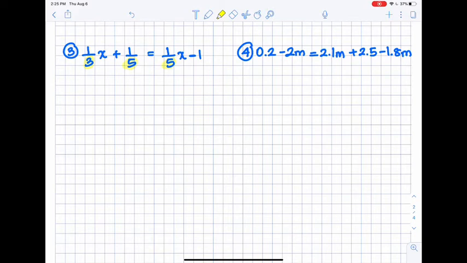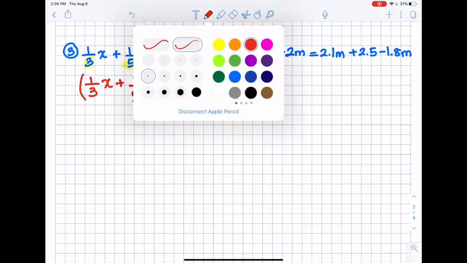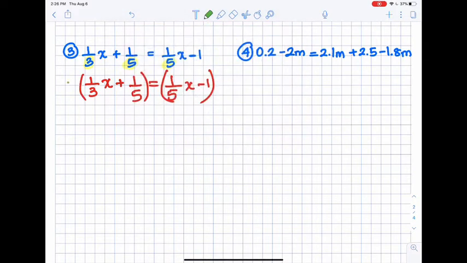I'm going to multiply every term on both sides by 15, the least common denominator of the fractions. I'm going to rewrite the equation first. I'm going to multiply both sides of the equation by 15.